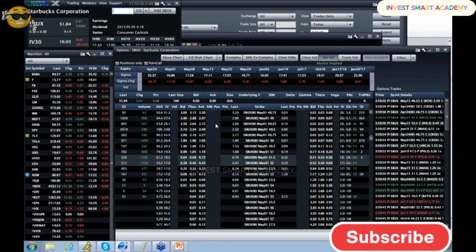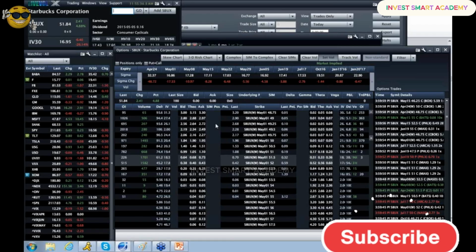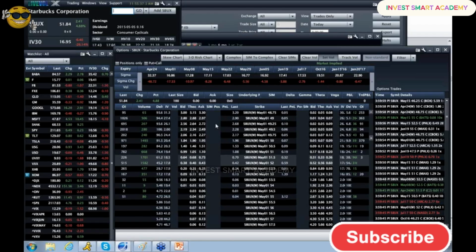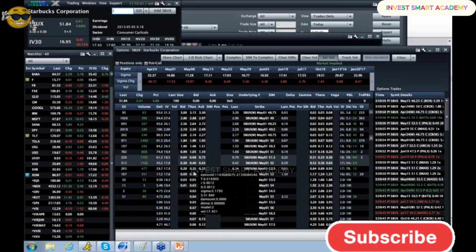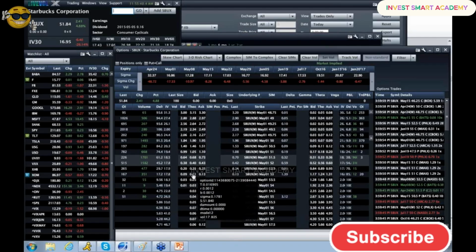All right, so at $53 for sure you think that's a level Starbucks could get to by next week. And if you look at the way the market is pricing premium, at $53 you're going to see that's the first option that has a nominal value over 10 cents.